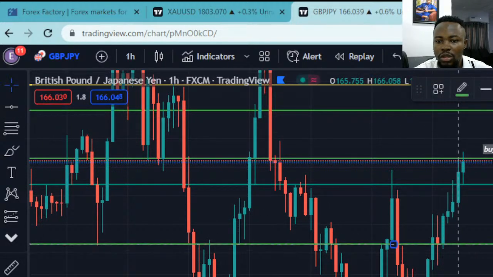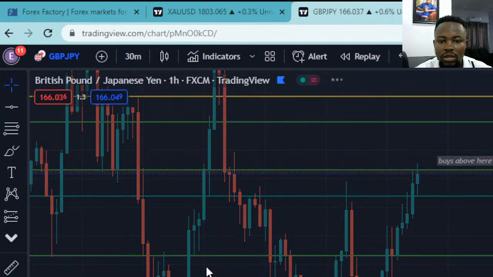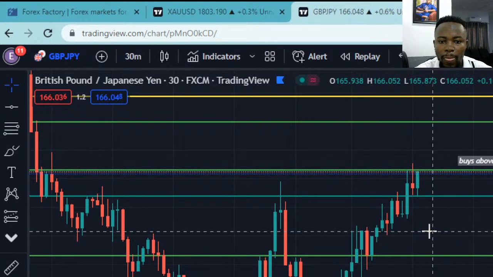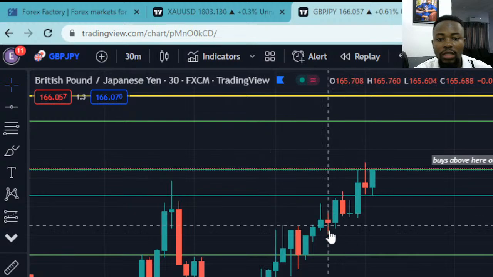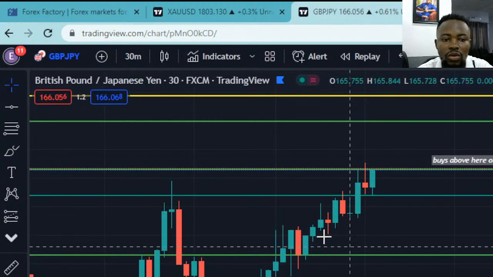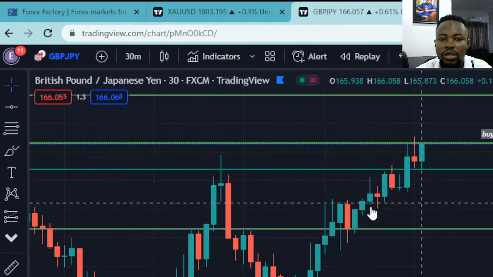It would come down towards this support we'll have here. Let's see this on 30 minutes. On the 30 minutes, yes, we see we are in this strong bullish trend. So I might not want to do anything with GJ here inside this range.